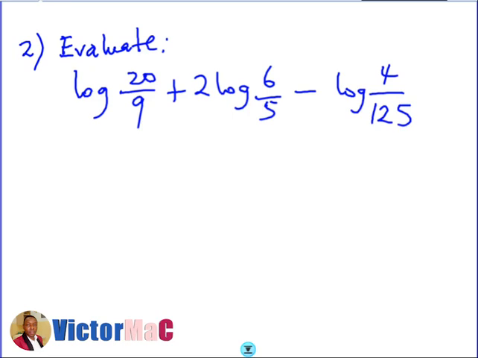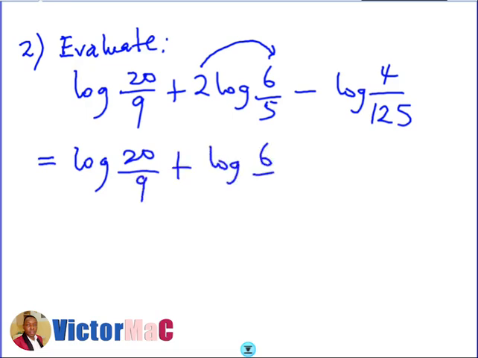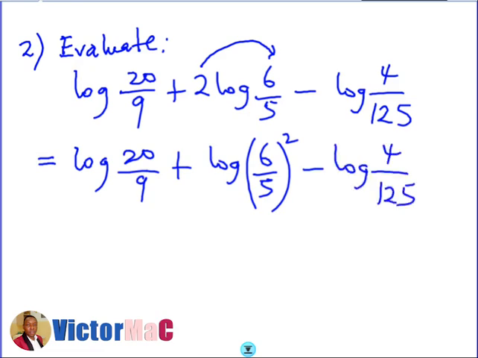Alright, now the first thing is to transfer this to become power of 6 over 5. So we have, this is simplified as log 20 over 9 plus 6 over 5. All together, all the fraction, the numerator and denominator will be assigned the power of 2, minus log 4 over 125.